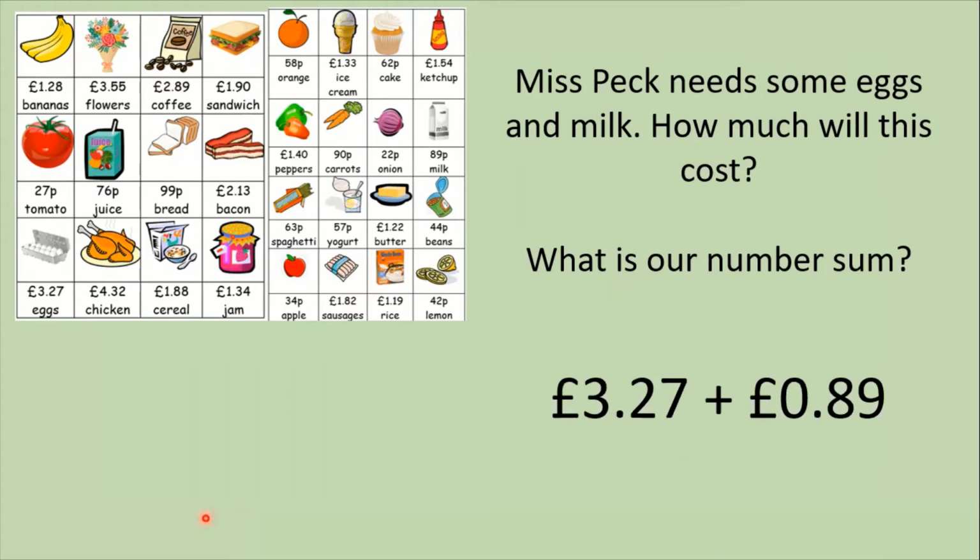It will be £3.27, because that's how much our eggs are, and 89p for some milk. So £3.27 and then £0.89. So that is the number sum you are going to have a go at working out with your column addition. So pause the video now and see if you can work out how much money Miss Peck needs for some eggs and some milk.